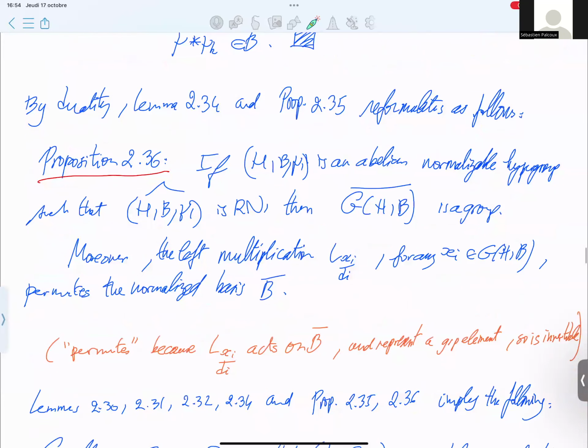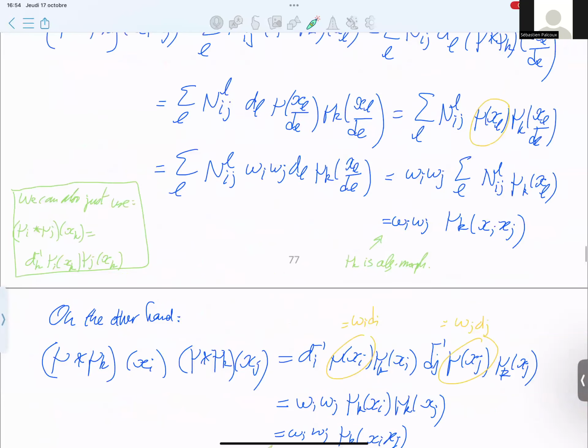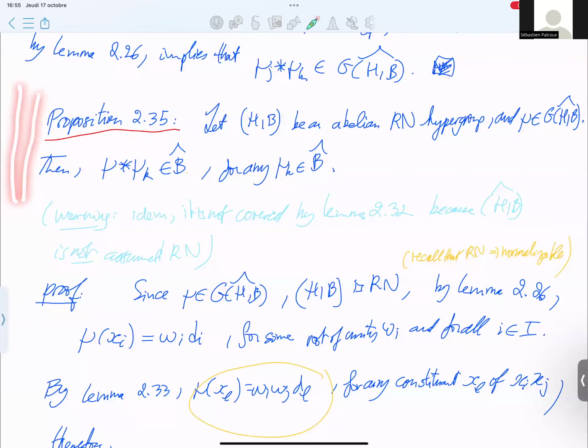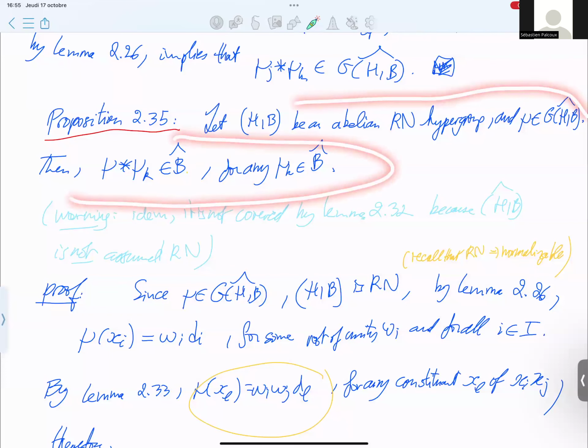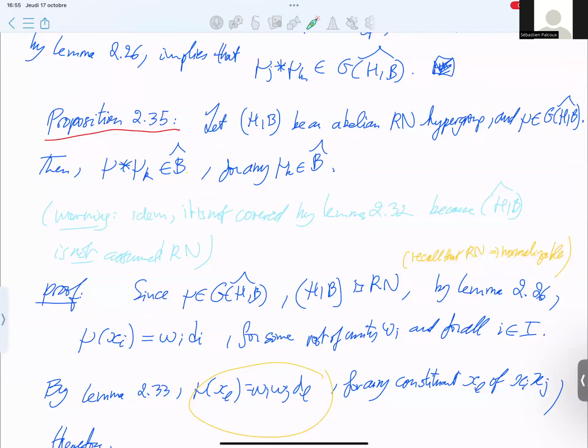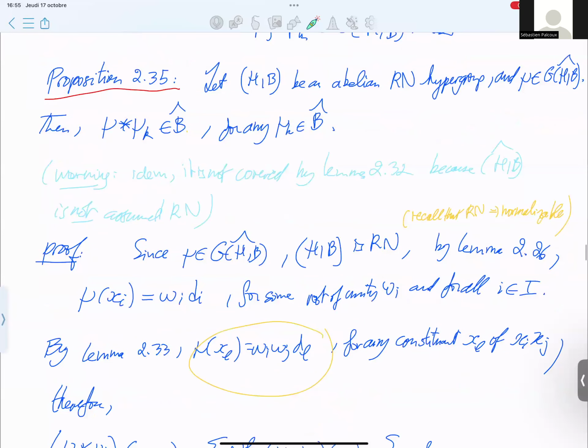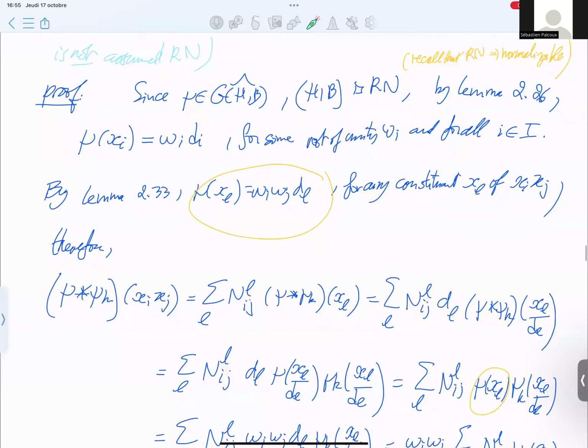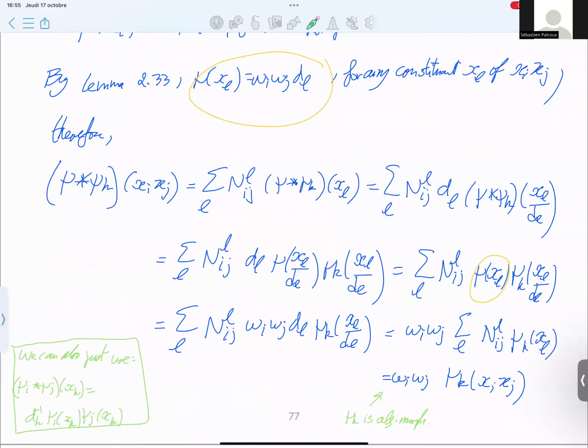So we get that, in fact, this can be reformulated, and maybe I will finish by that. This means that intuitively, more generally, in fact, the set of group-like elements act on the basis, because when you multiply an element in the basis, it's still in the basis. So when you take two group elements, you multiply two group elements, you have group elements. But when you generalize, when you consider hypergroups or fusion rings, the multiplication of two elements is not a basic element; it's the sum of basic elements.